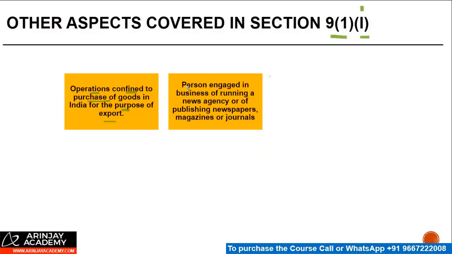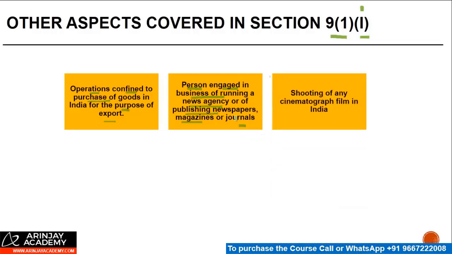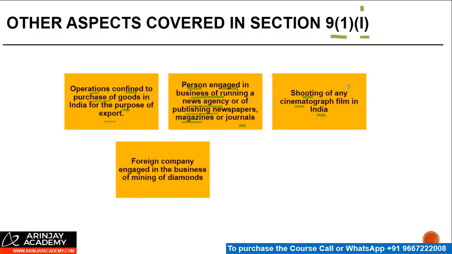In case of a person engaged in the business of running a news agency or of publishing newspapers, magazines or journals outside India, no income shall be deemed to accrue or arise in India if they are just collecting news and views from India. In case of a person who falls under certain specified categories, if they are just engaged in shooting of any cinematographic film in India, no income shall be deemed to accrue or arise in India.